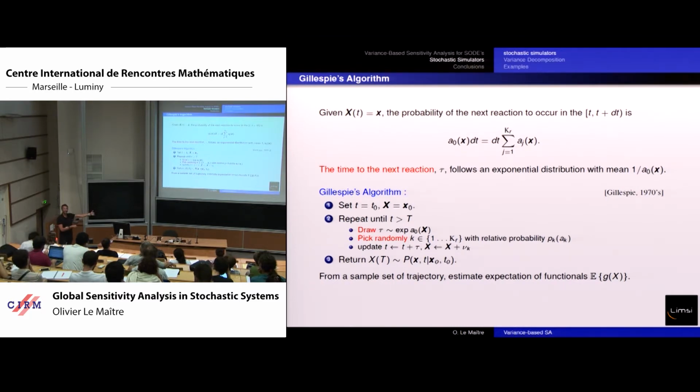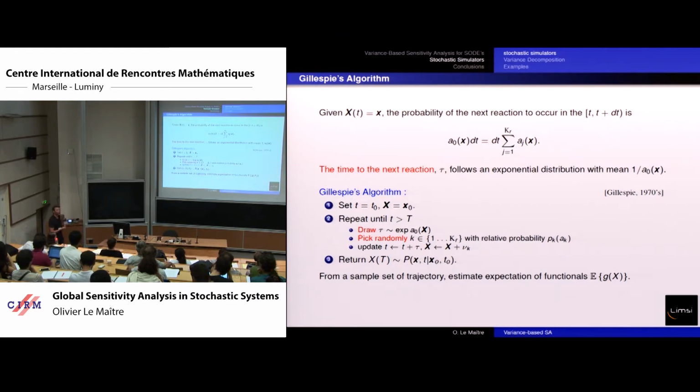You advance your system to this time, and you pick at random the reaction that fires, with relative probabilities given by the propensity functions. So the ones with large propensity are more likely to occur first than the ones with low propensity. Then you update your system and continue until you reach your final time. So it's really mimicking all reactions in the system.